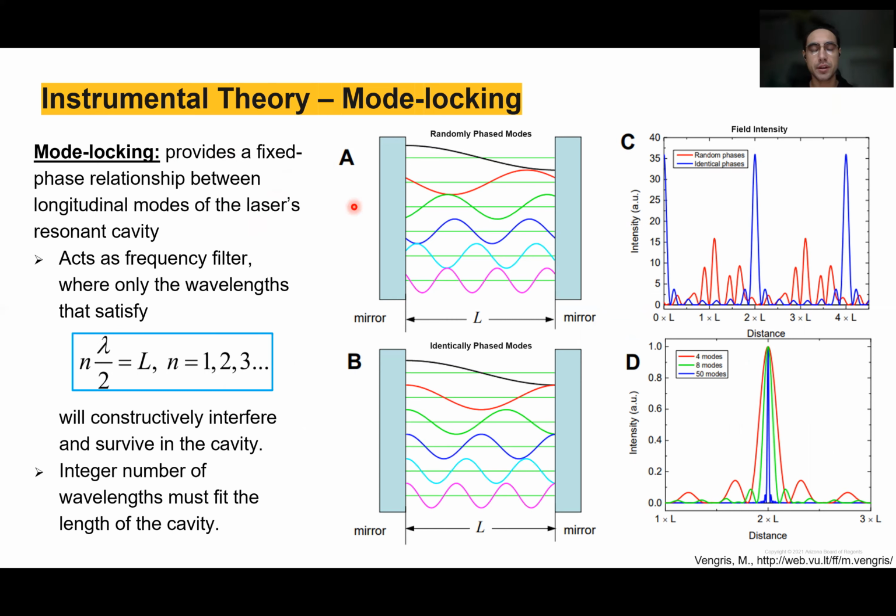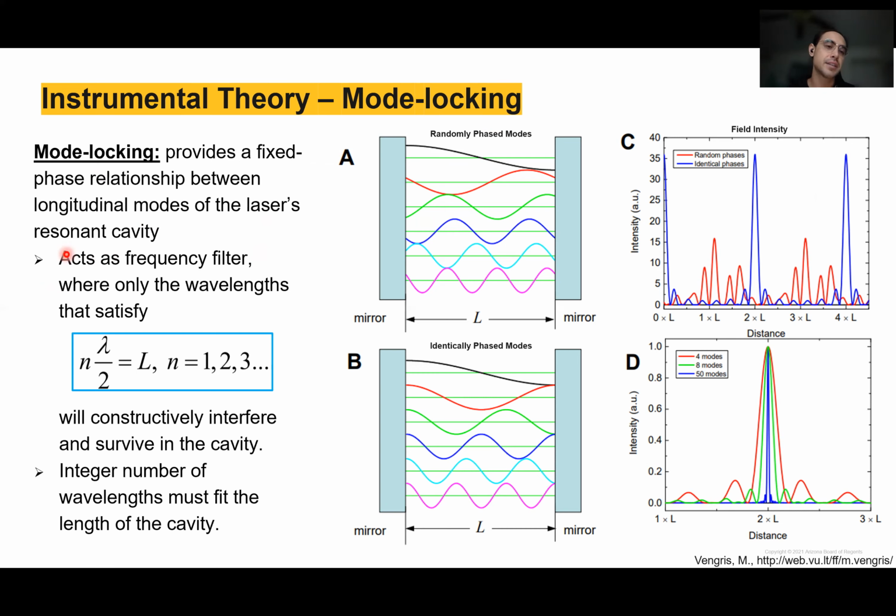In the most basic form of laser, you have at least two mirrors where the light can bounce around and constructively interfere, and eventually, once you've built up a strong enough pulse, you have this continuous wave of photons being emitted from the laser cavity.